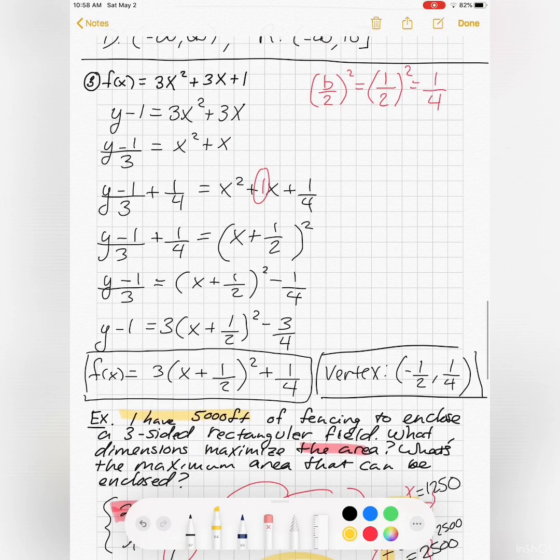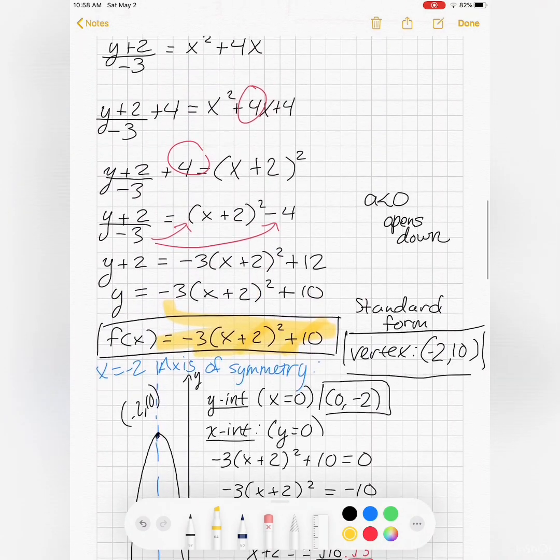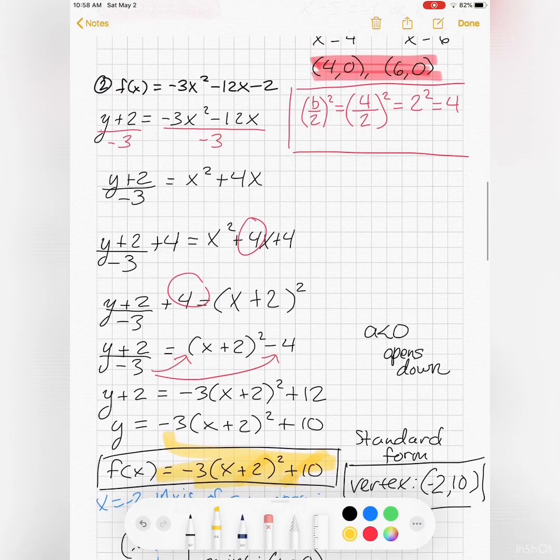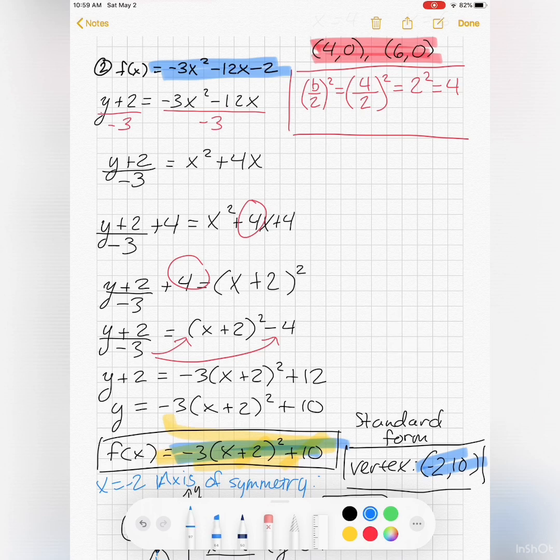Should I look back? I'm just curious about one of these other ones, this one. So you see how in this one, this was our original equation. We did completing the square. Here was the vertex we ended up with. I'm just curious, maybe we should check, because I showed you that shortcut formula, right?